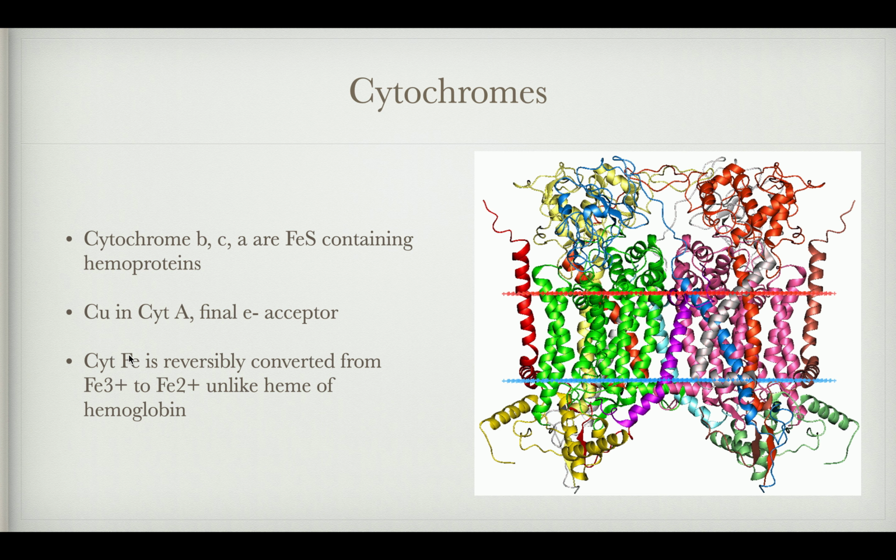I just said this in the last minute or so, but let's reiterate. The cytochrome iron is reversibly converted from Fe3+ to Fe2+, unlike the iron of hemoglobin. That is the opposite way. So iron plays multiple roles in the body, just depending on its form.